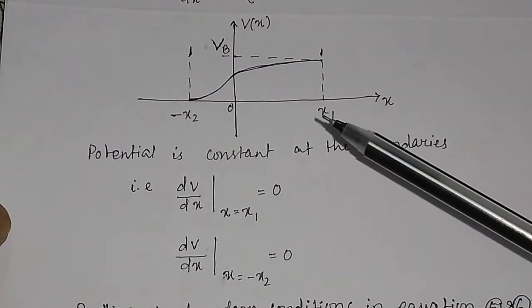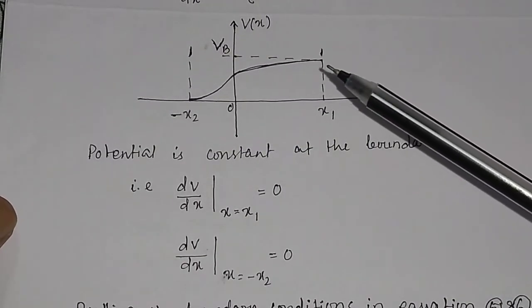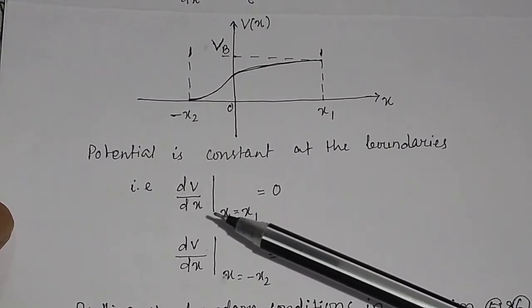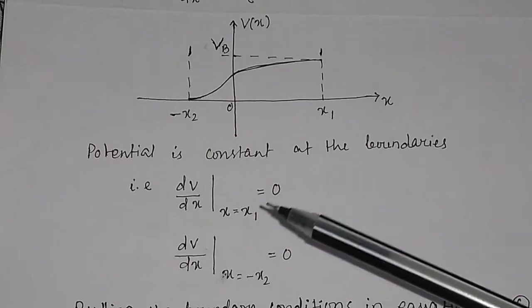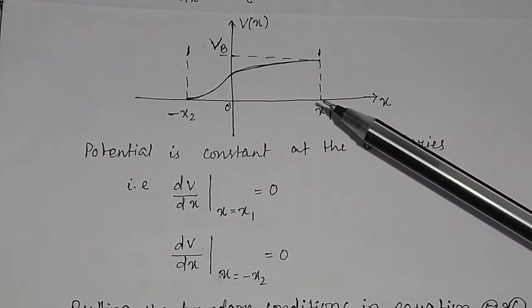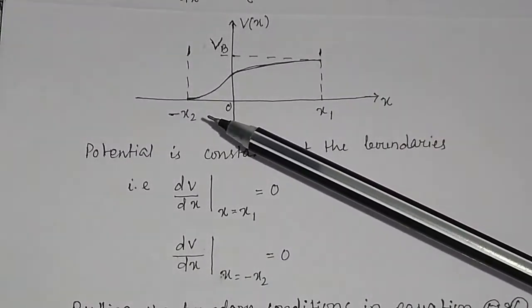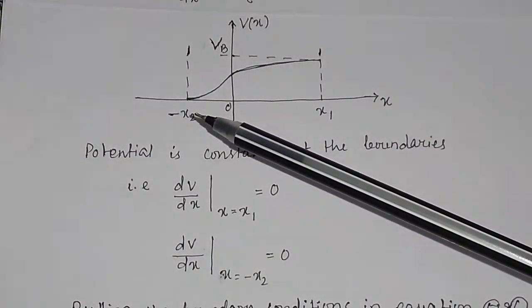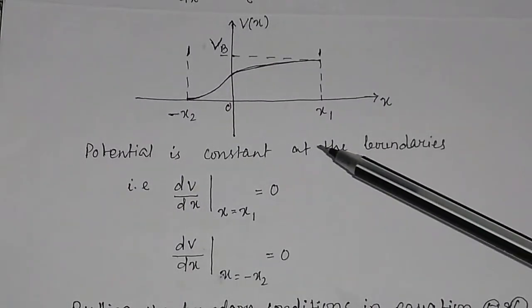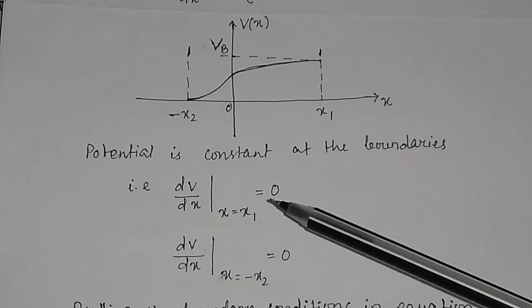And at x1, the derivative of potential with respect to x, dV/dx, is equal to 0, because potential is constant at boundaries. So here the potential is constant, and also here the potential is constant. If the potential is constant, its derivative will be equal to 0, because the derivative of a constant is equal to 0.